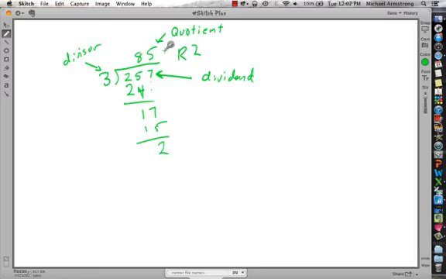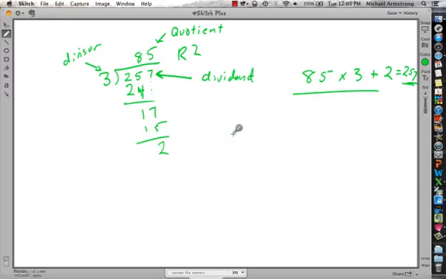Okay, so if we wanted to check, we would say 85 times 3 plus the remainder, and it should equal, kind of ran out of room for my equal sign, 257. Okay, squeeze that in. 257 should be what it equals.